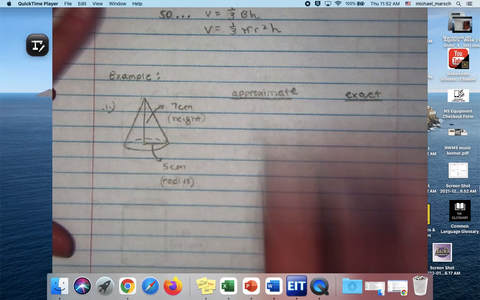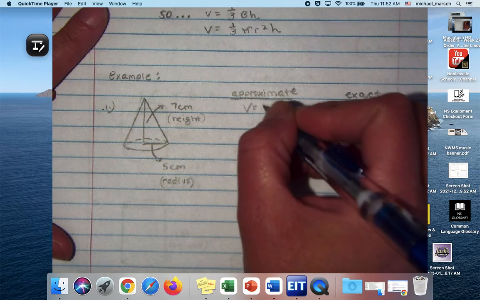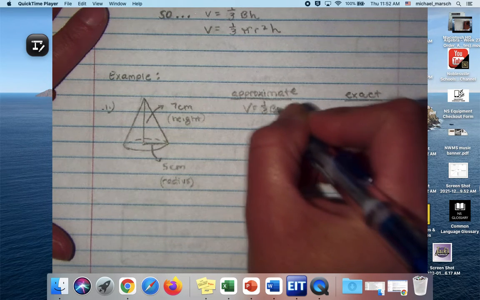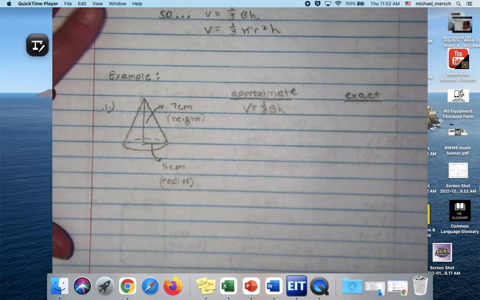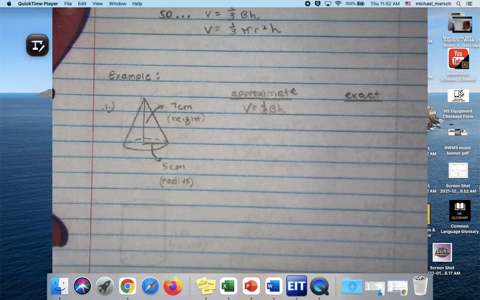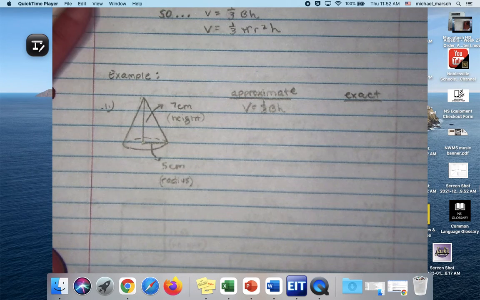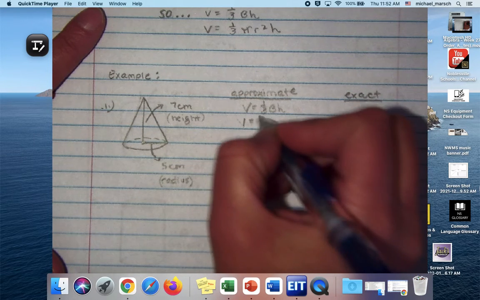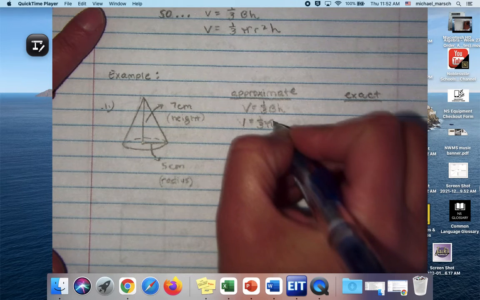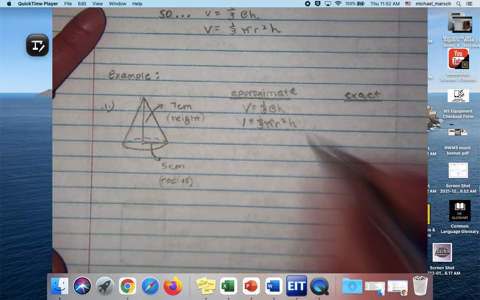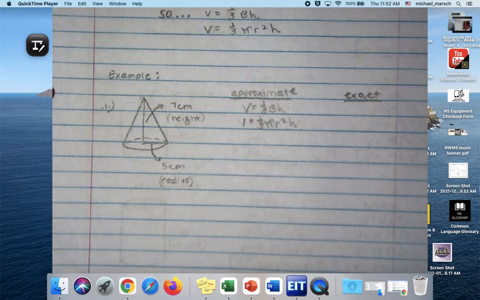All right, so I'm going to start with my formula. 1/3 area of base times height. One-third pi r squared height.